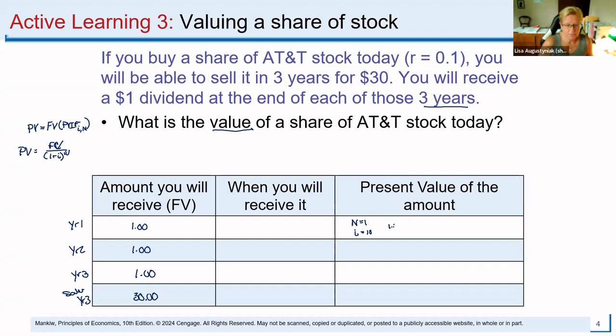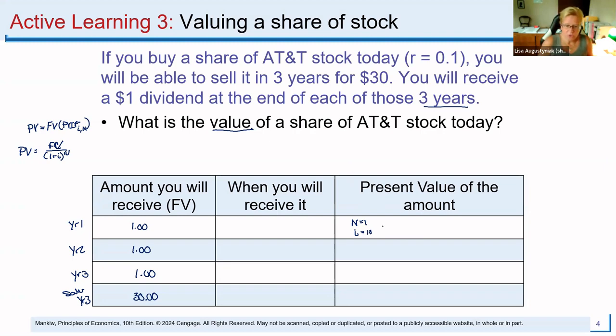So we have $1 times the future value. Oh, no, we're trying to find the present value. Sorry. I had to erase that because I was using something that I didn't think was right, and I think it ended up being right.